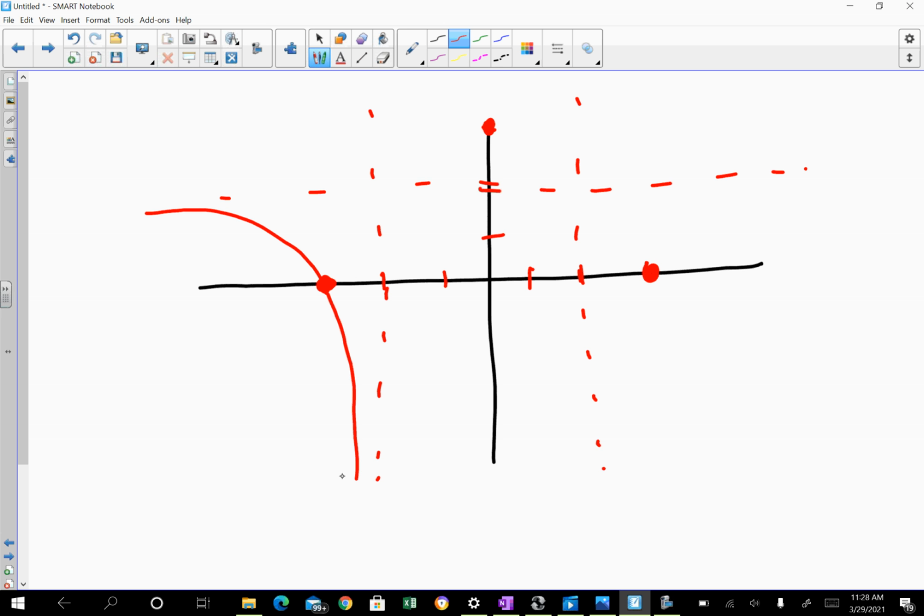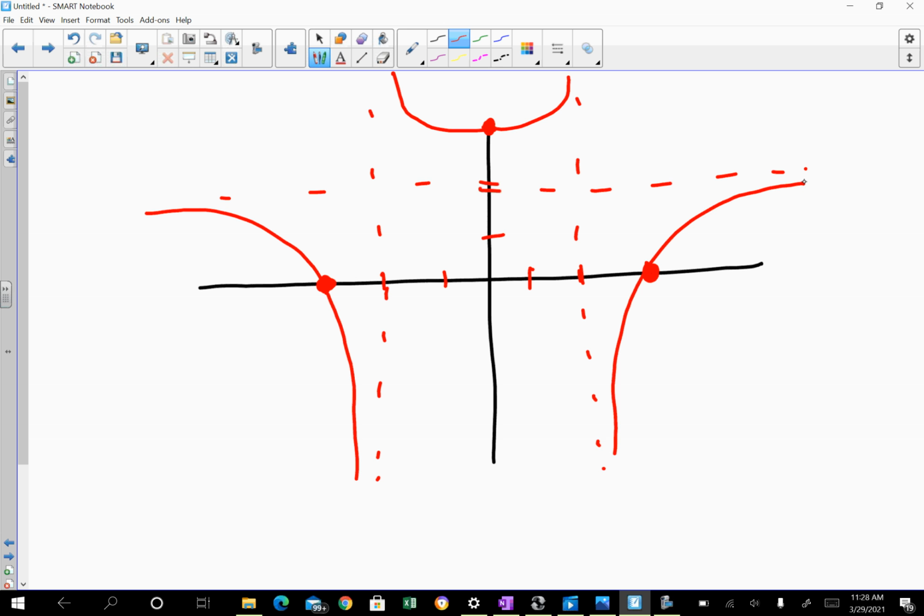Again, it's not going to go lower than the asymptote, so it's going to come down and go to 0. Then from 0 to 2, it's increasing concave up. And then from 2 to infinity, it's increasing concaving down.